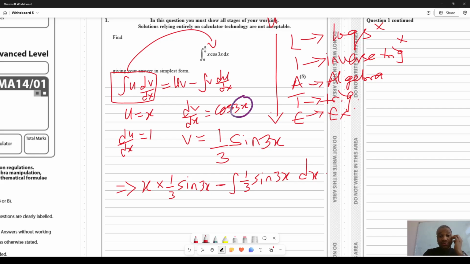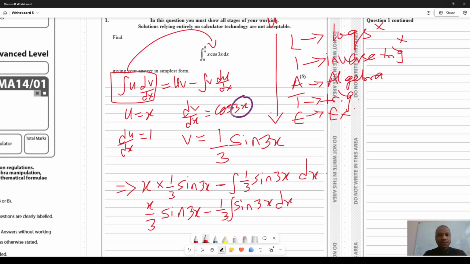So no need to put times 1. So this will be x by 3 sine 3x minus the integral of 1 by 3 sine 3x. Remember, just bring that dx down.